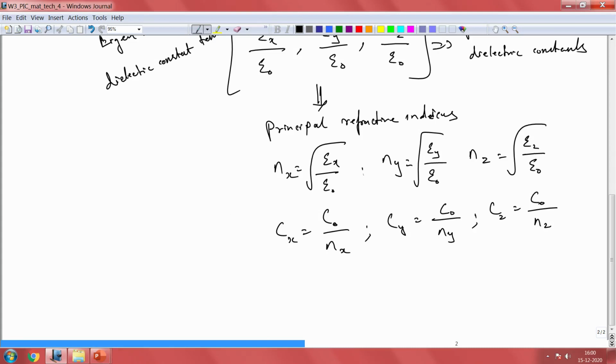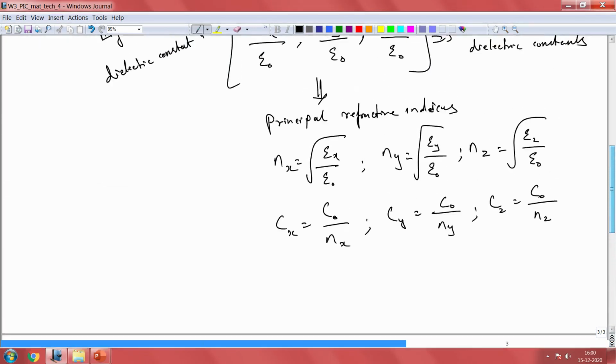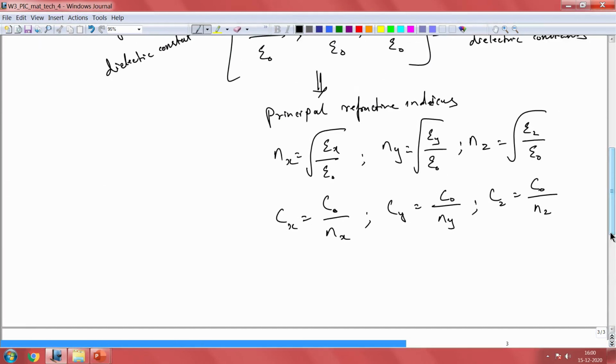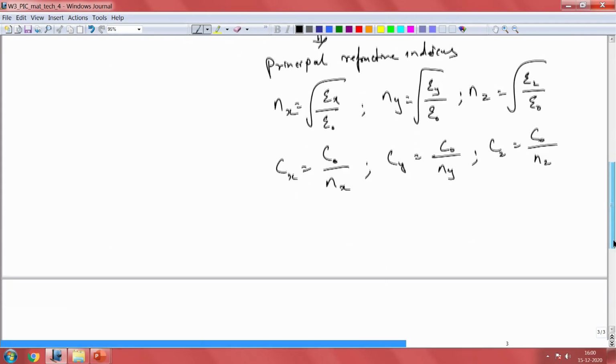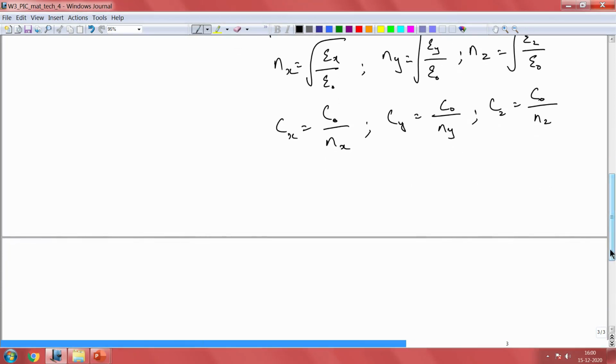So you can see here how change in the property as a function of orientation is affecting the refractive index and your light propagation. So because you have change in the dielectric constant epsilon, so is your susceptibility as well. So your epsilon and chi are related anyways. So now you can define the principal dielectric susceptibility.